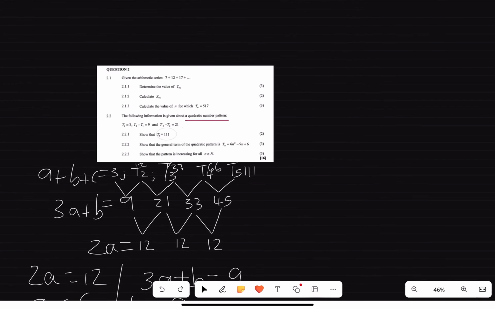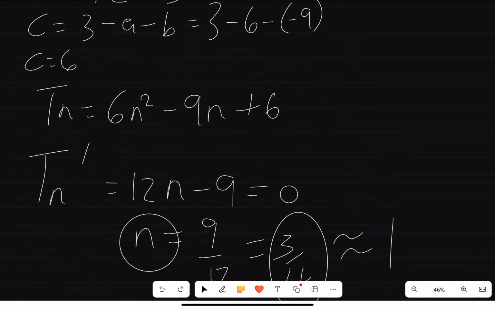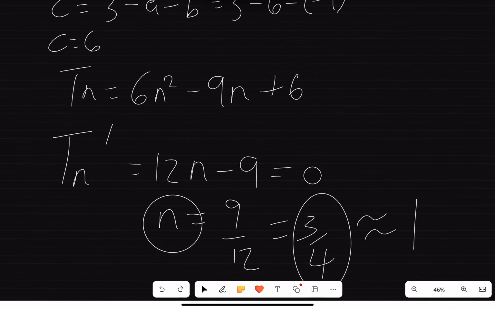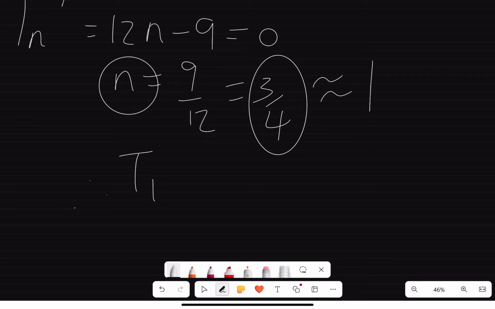Which means for this pattern, the smallest value that we can have is 3. Therefore, the pattern is going to be positive, natural numbers, and increasing, because the smallest is 3, and from there we keep going up. So term number 1 equals 3 is the minimum.